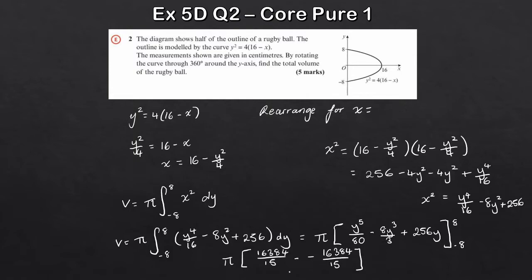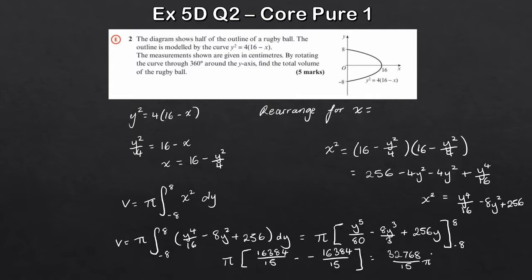Okay, so that's the result now of plugging my limits in. Now if you simplify this, basically you're just going to do 16,384 over 15 plus 16,384 over 15. What it'll give you is 32,768 over 15 pi. And we do have units for this one, I believe.